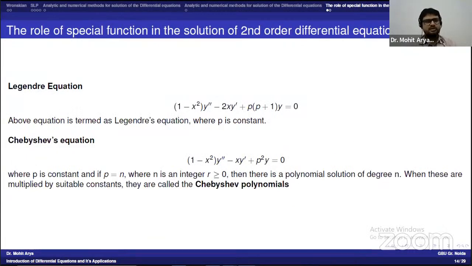The next is the Legendre equation. This is the equation which is called the Legendre equation, where p is a constant. Next is the Chebyshev equation.